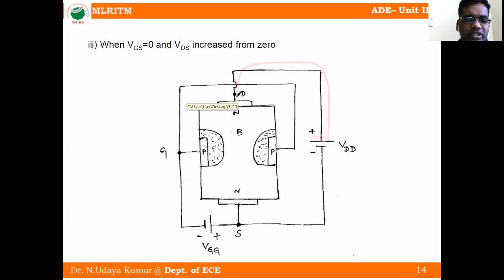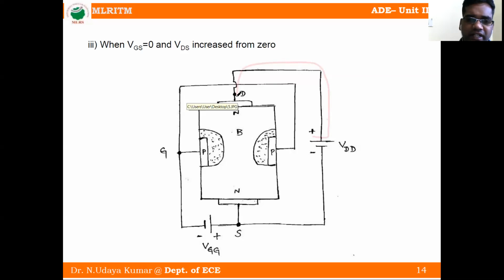Now the majority charge carriers, electrons, flow through the N channel from source to drain.